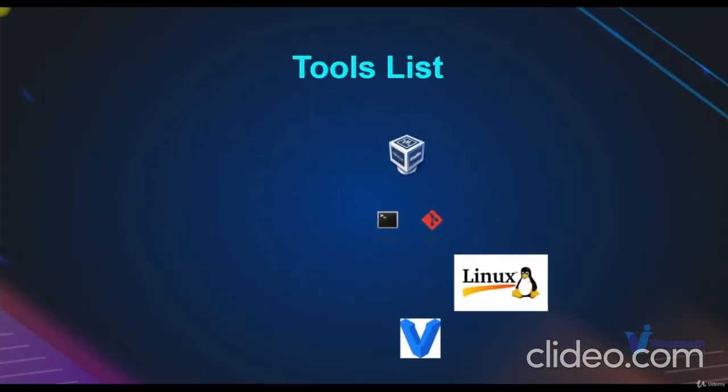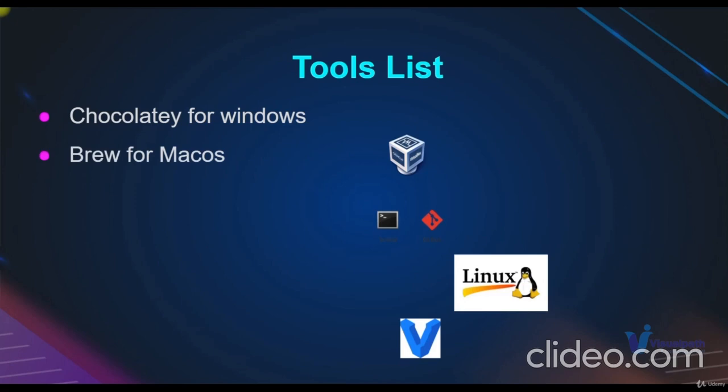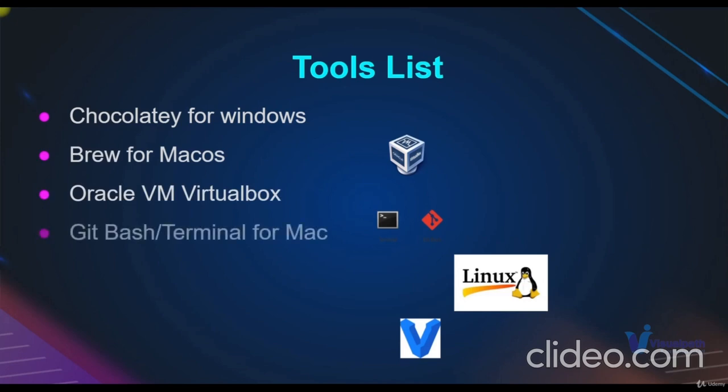From the prerequisites video, you should have these tools. You should have Chocolatey for Windows, Homebrew for macOS, Oracle VM VirtualBox, on which we'll create VMs, Git Bash or PuTTY for Windows, and Terminal for Mac. Linux, same thing, Terminal.